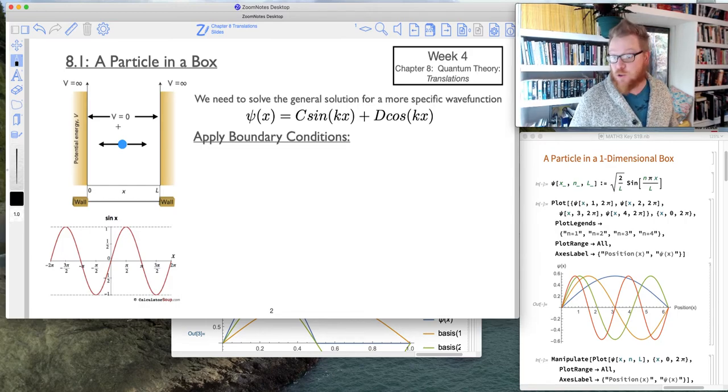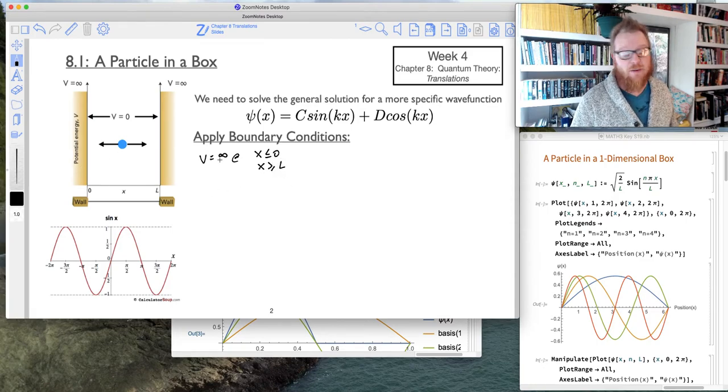So here's what we know with the boundary conditions, okay? The potential energy is infinite at x less than or equal to 0, as well as x greater than or equal to L, right?